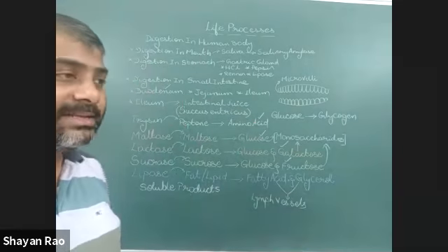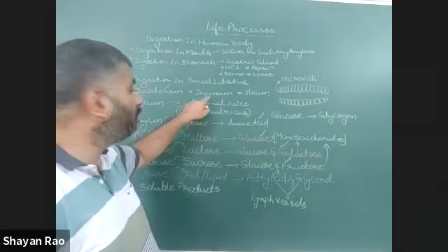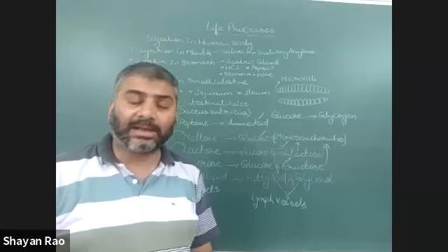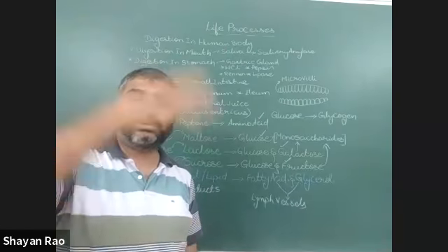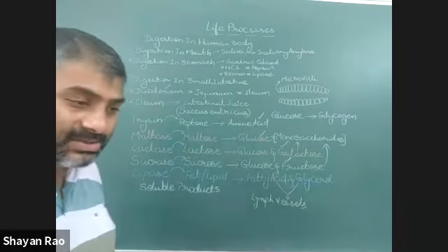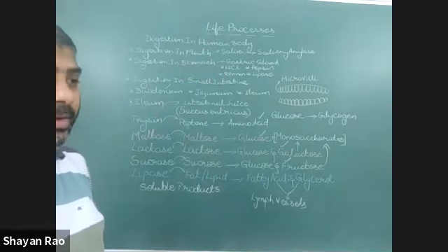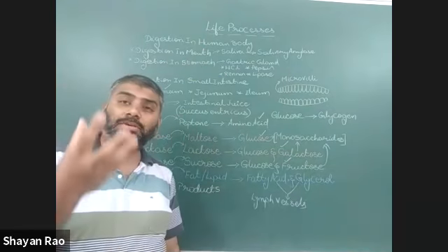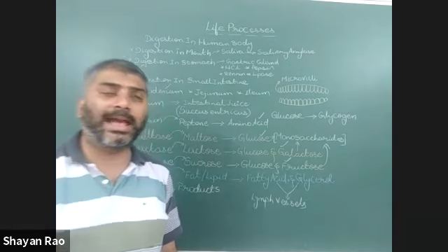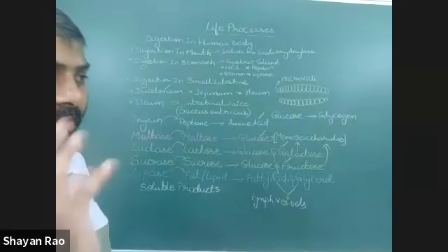That undigested food from the jejunum starts moving to the part of the large intestine. So we are able to see the large intestine: cecum, colon, rectum. It passes through the cecum, colon, rectum, where there is absorption of the watery molecules. Only the undigested food will be there, and it gets stored in the rectum.